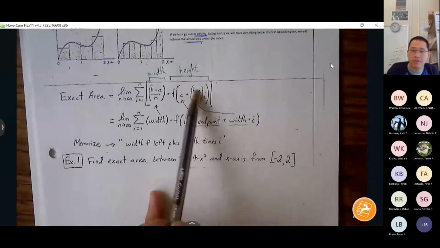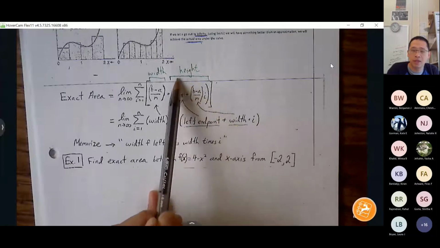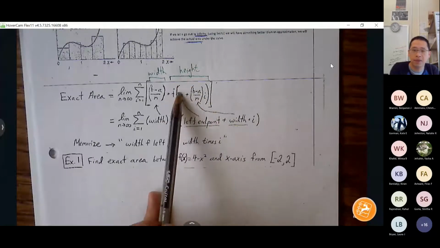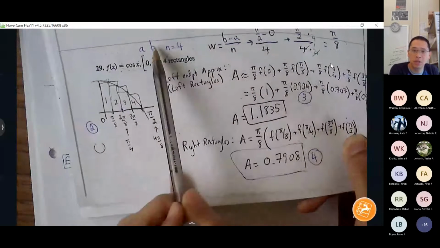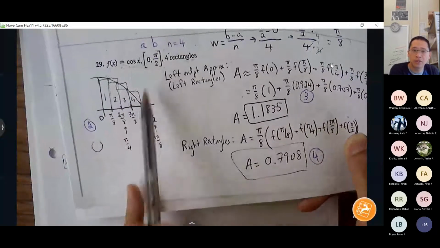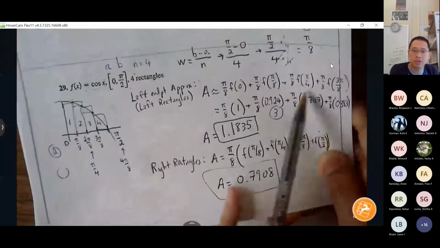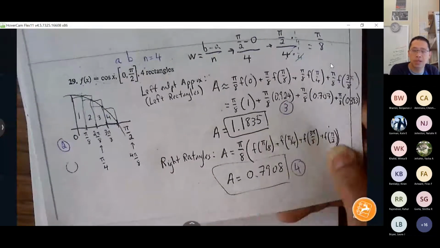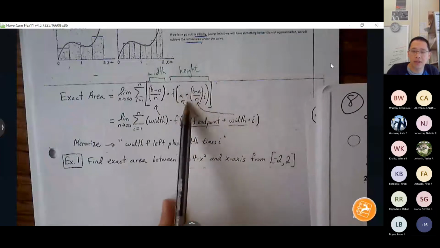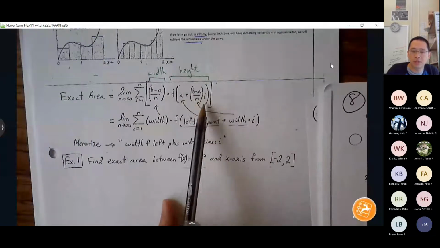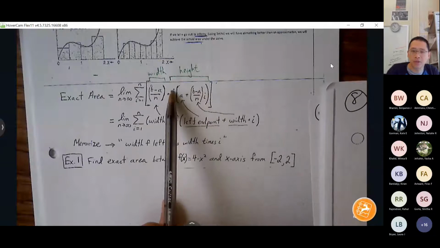And then after it finds all these separate values, it's also plugging it into the function. Right? And we did that as well. We plugged pi over 8 into the function. We plugged 3 pi over 8 into the function, pi over 2 into the function to get all the specific height values. So it's doing a lot of things here. It's finding each of the incremental subintervals, and it's also plugging into the function to get the height.